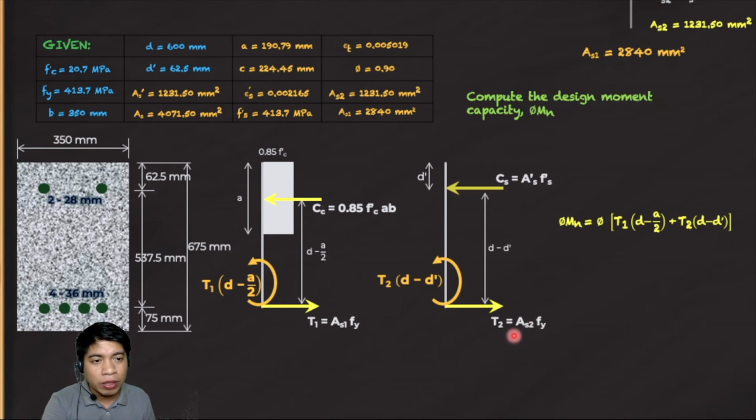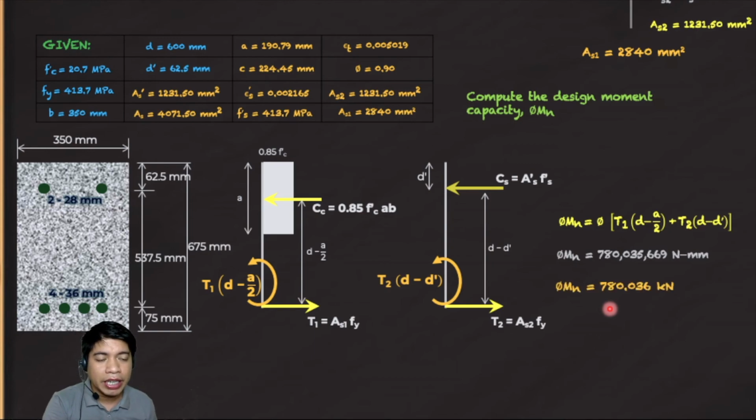Tapos, si T2 makukuha din natin kasi nakuha na natin si As2, tapos given na din si Fy. Okay? So, ang lalabas dito guys is phi Mn is equals to 780,035,669 Newton millimeter. Of course, kailangan natin dito na unit is kilonewton meter. So, phi Mn natin will be 780.036 kilonewton meter.